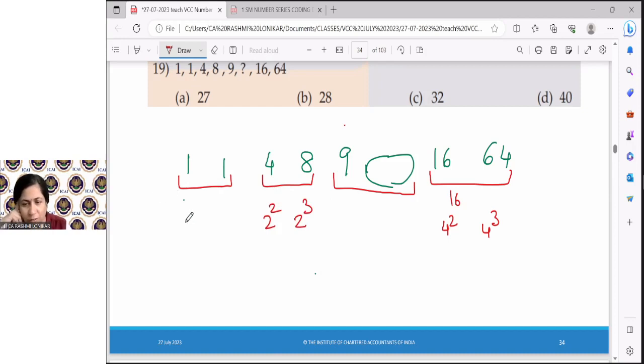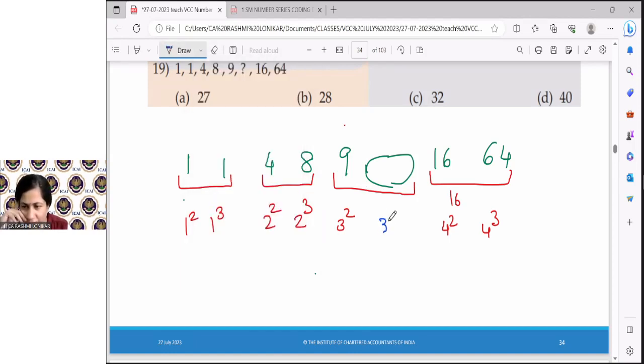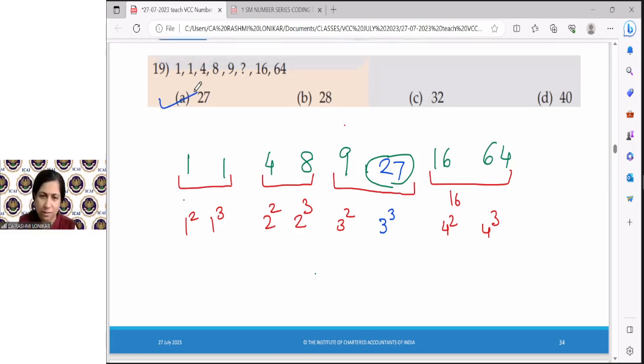Let us see for 1. 1 square is also 1, 1 cube is also 1. So I can see 1 square, 1 cube, 2 square, 2 cube, and 3 I already know. 3 square is 9. So 3 cube is 27. And that is why 27 is the correct answer, right?